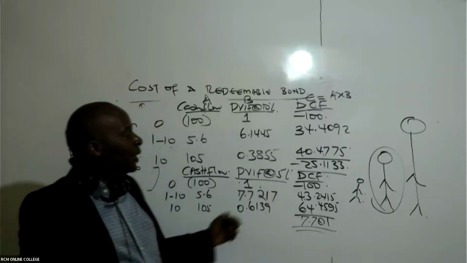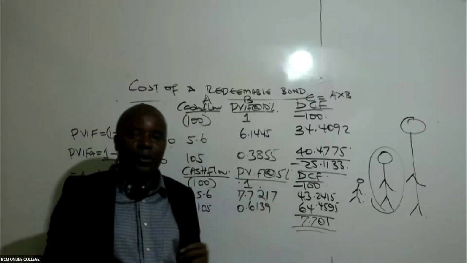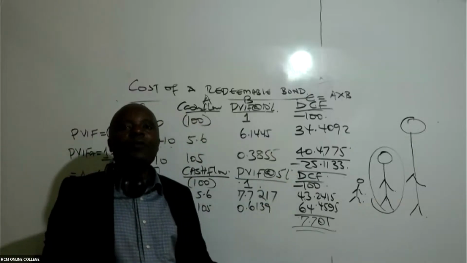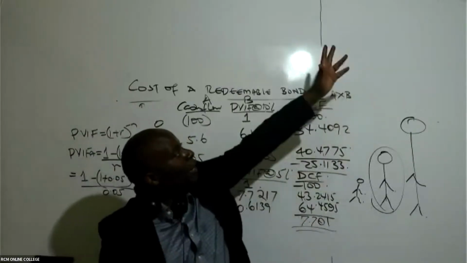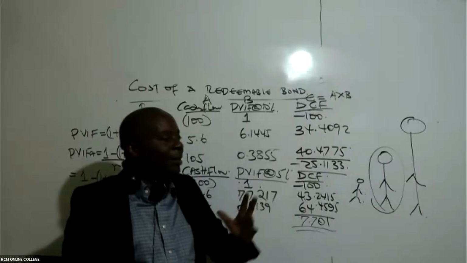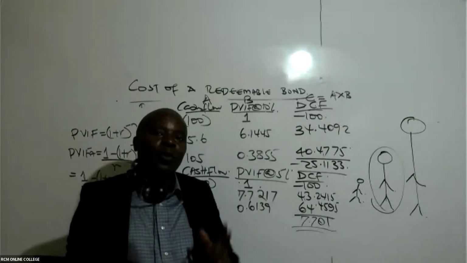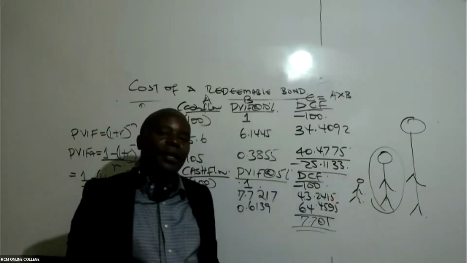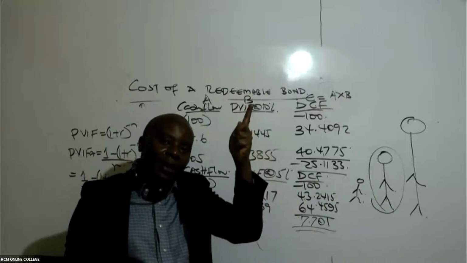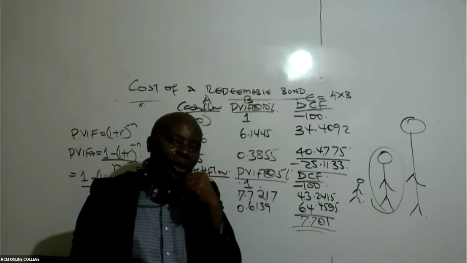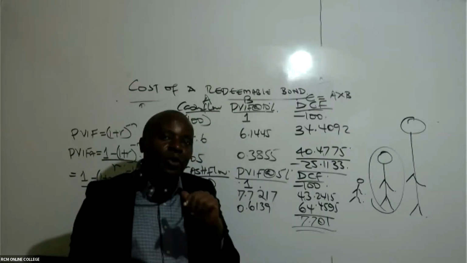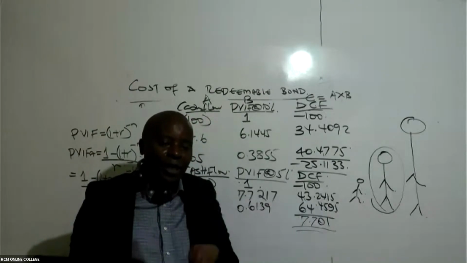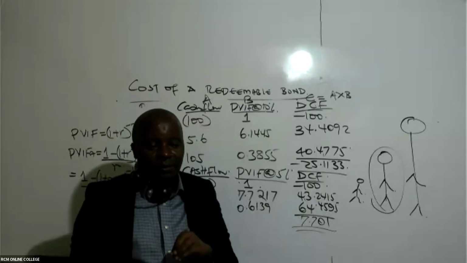So the first game that I played, I got a negative, I lost. If in my next game I want to win, do I fight a bigger person? Can I go to a bigger cost of capital if I want to win? No. The next match, I can only fight somebody who is smaller.